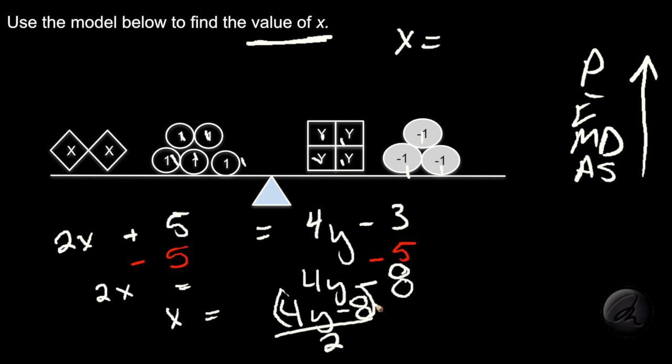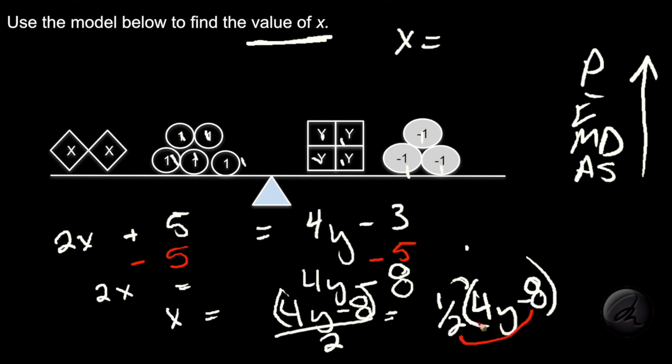Now, it just looks messy, doesn't it? Isn't dividing the same thing as multiplying by a fraction? So this could also equal 1/2 times 4y minus 8. It is. And now I could distribute this 1/2 between that 4 and amongst that 8.